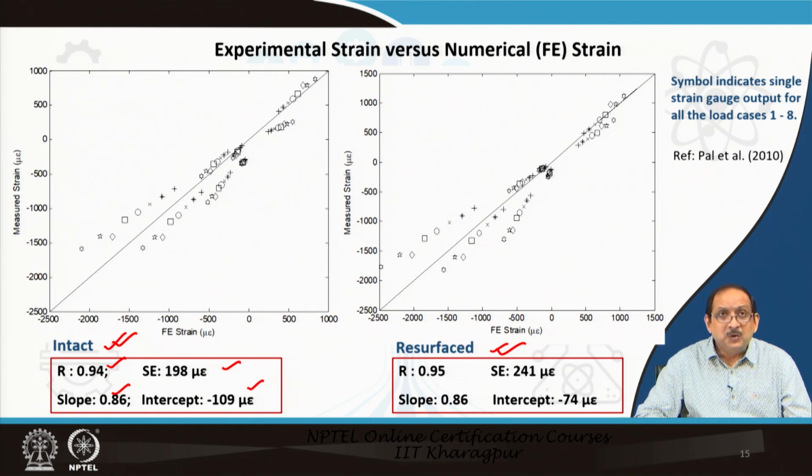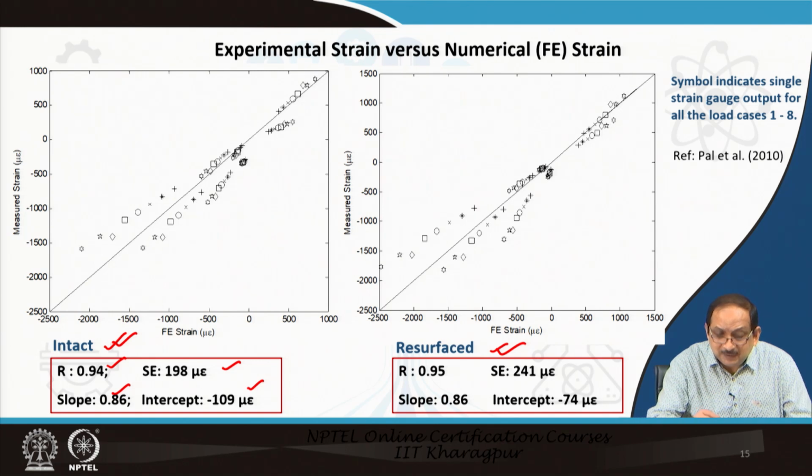So, for the intact femur, there is certainly a very close linear relationship between the FE predicted strain and the measured strain.